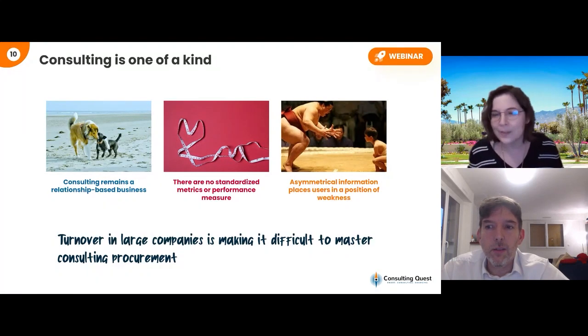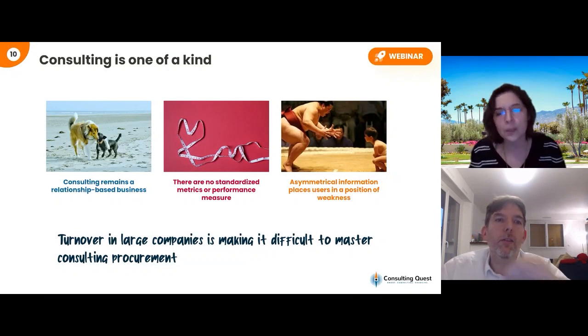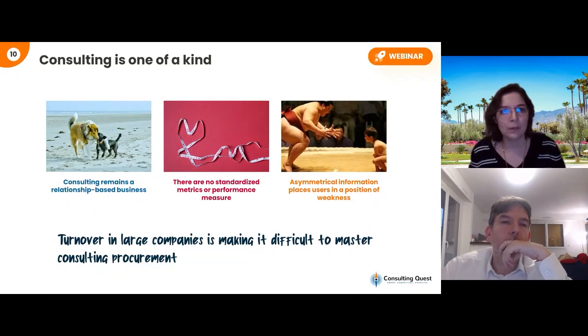I think there's a long time before that really happens. But I truly think that there are some parts of consulting that cannot be replaced by AI or machines or software. So that's one thing, is that it's a relationship business, based on trust in particular. The second thing is that there is no standardized metrics or performance measure in this industry.